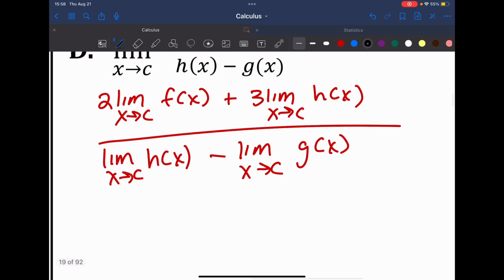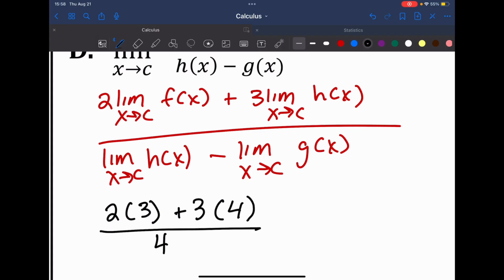Okay. And I see that I get 2 times 3 plus 3 times 4, plugging in my values, all divided by 4 minus a -2, and that gives me 18/6, which is 3.